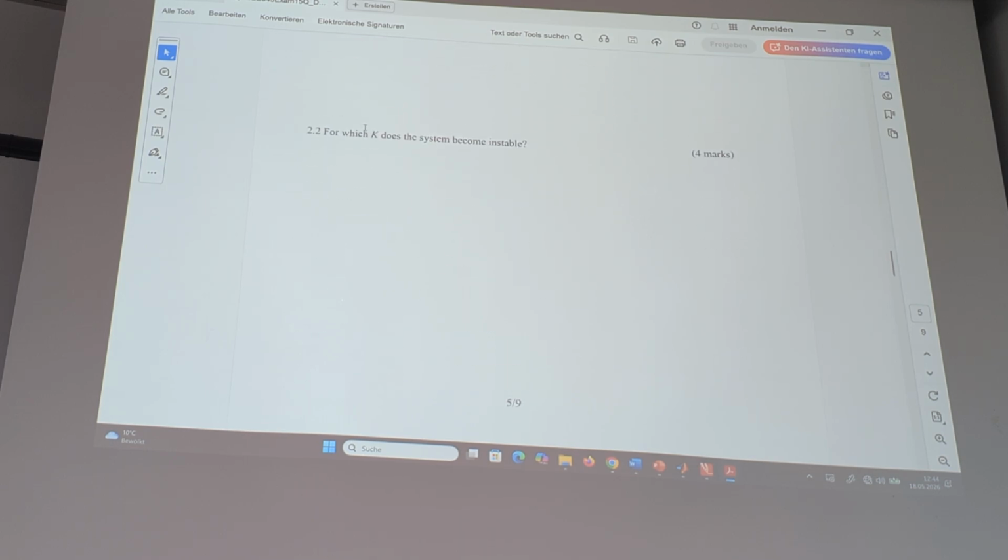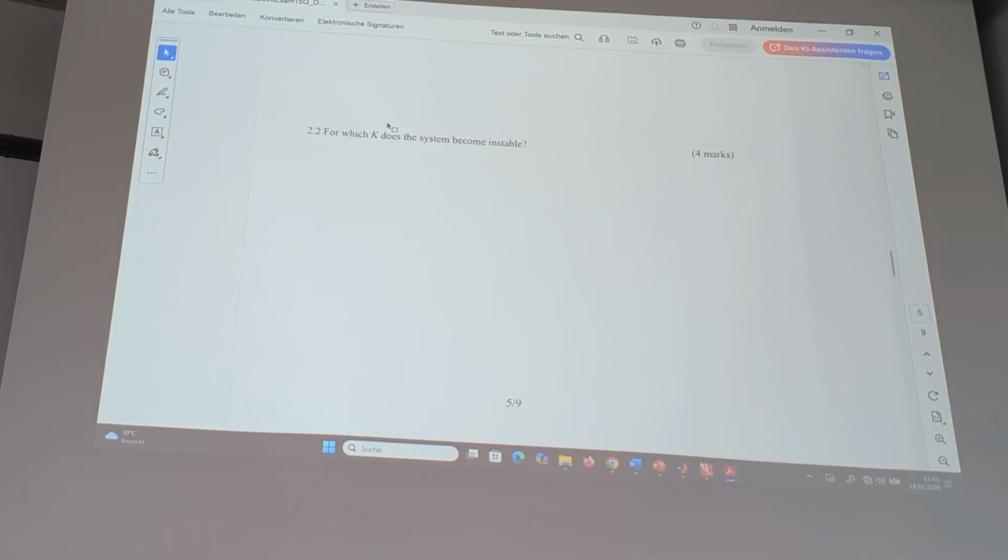And then the following question: for which k does the system become unstable? Becoming unstable means we're looking for the stability border.